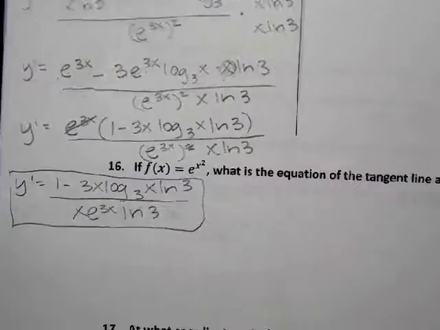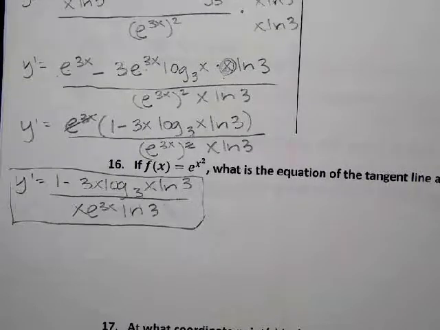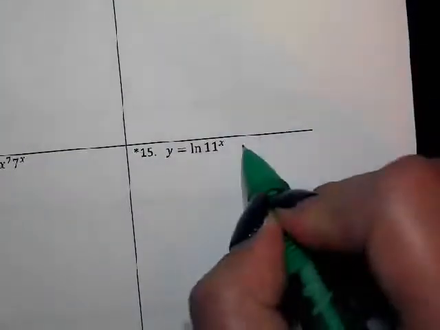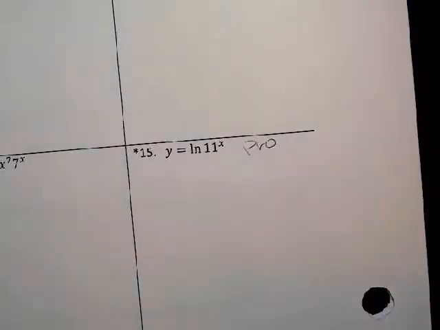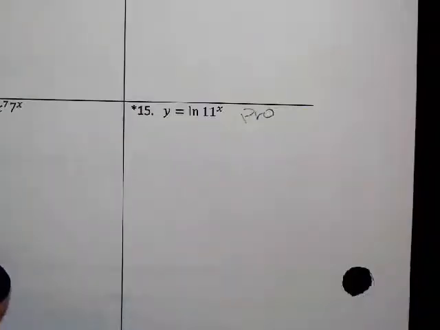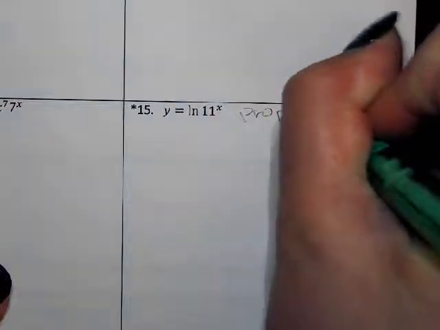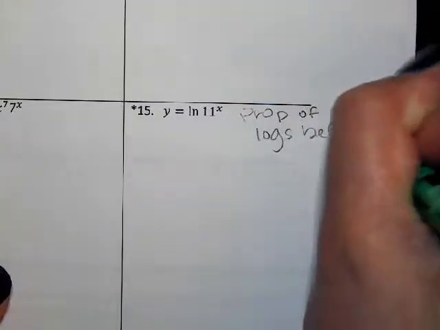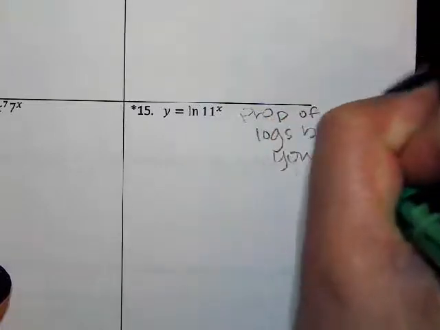Because you're going to use properties of logs before you get started. 15 has a star: use properties of logs before you start.